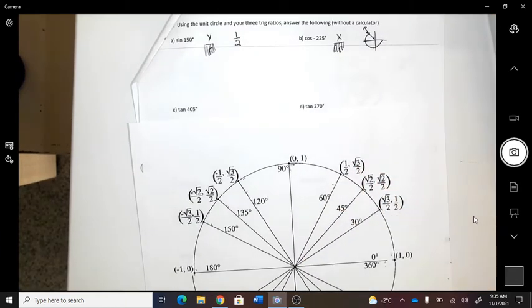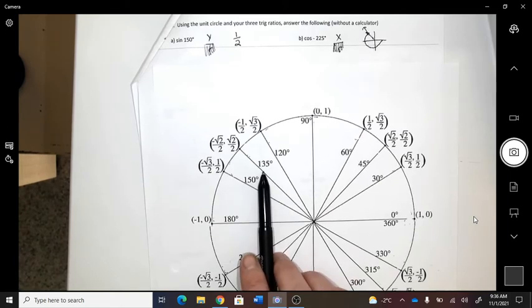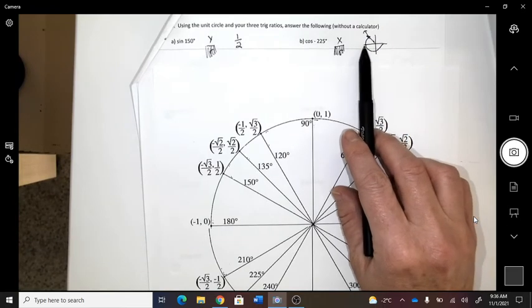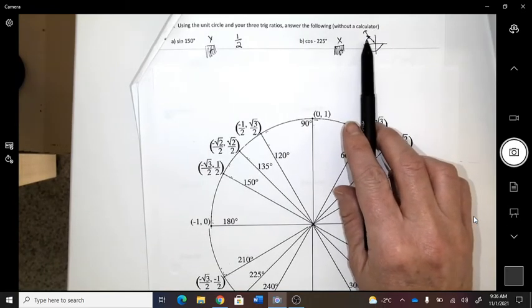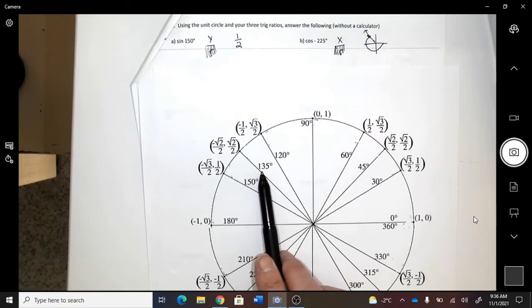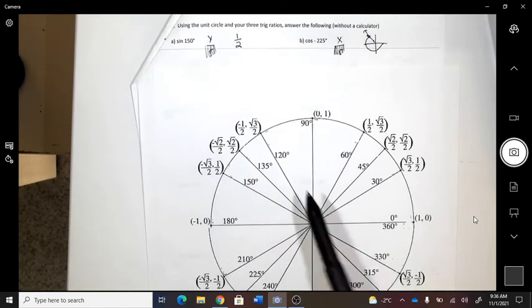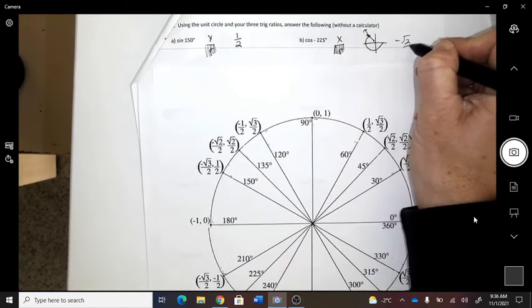Is it the same as landing at the 135? Here's my little drawing. I went back for 225, so I landed there. I'm going to grab the x coordinate. So that would be negative root 2 over 2.